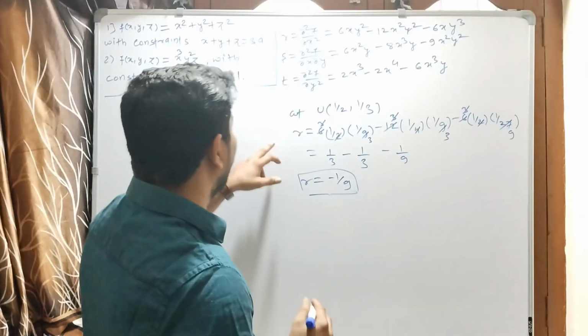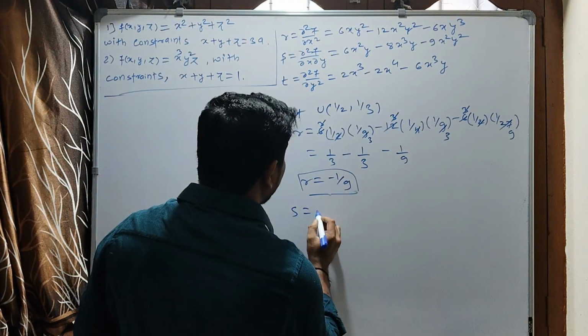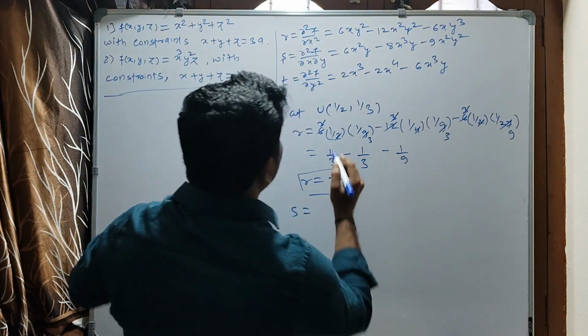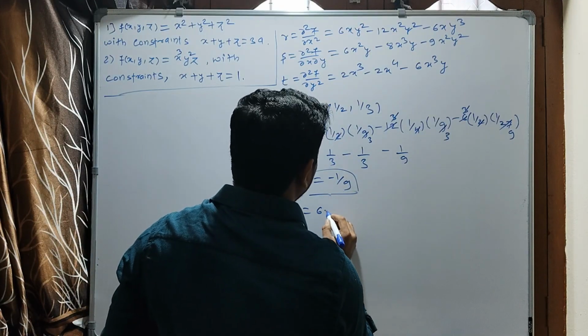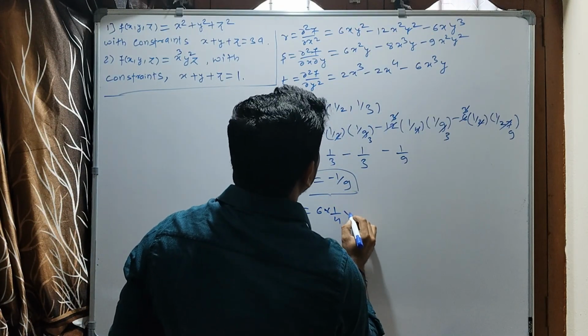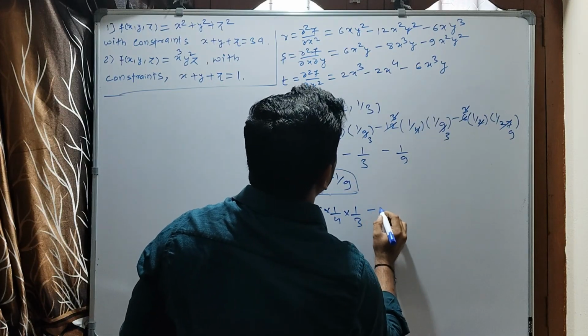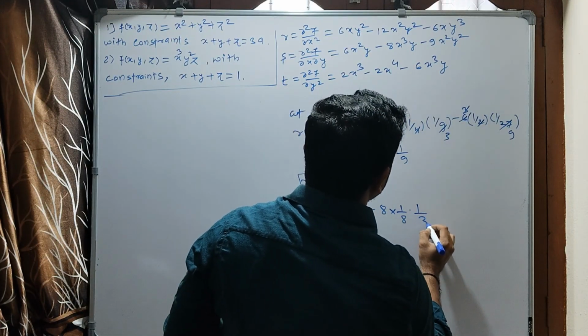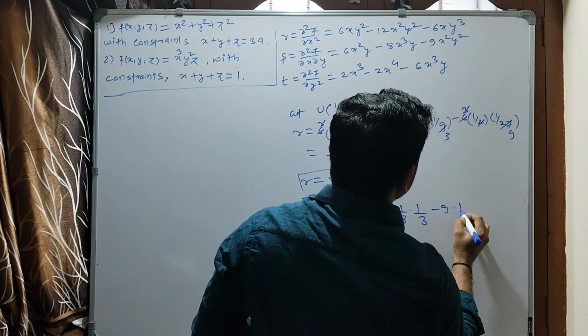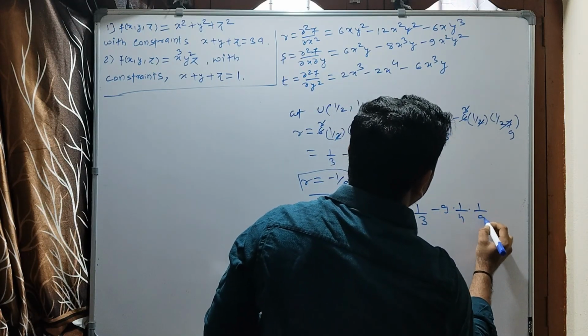I want to find s. Therefore s equal to, at 1 by 2 comma 1 by 3, 6 times 1 by 4 into 1 by 3 minus 8 times 1 by 8 into 1 by 3 minus 9 times 1 by 4 into 1 by 9.